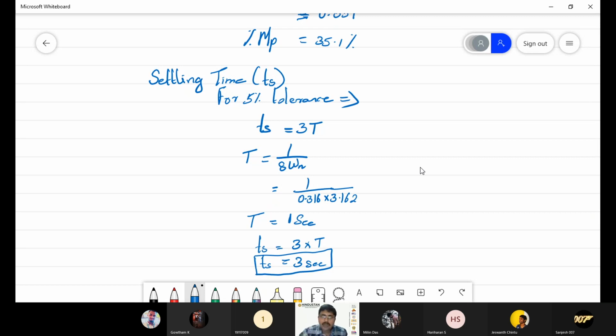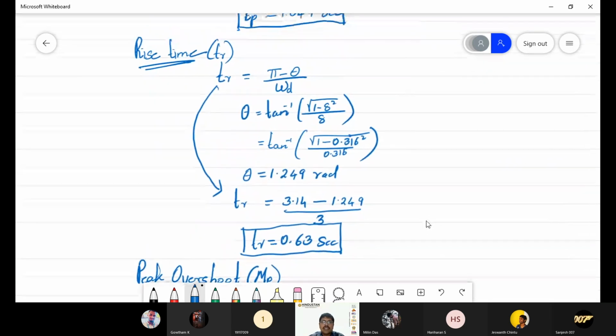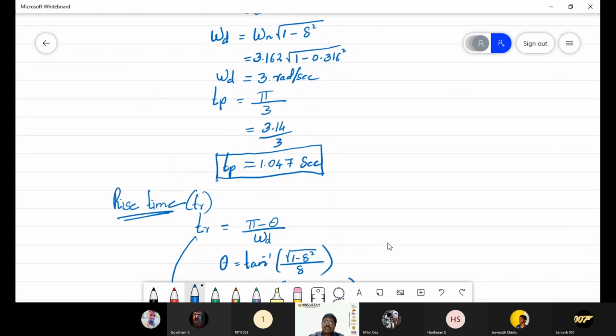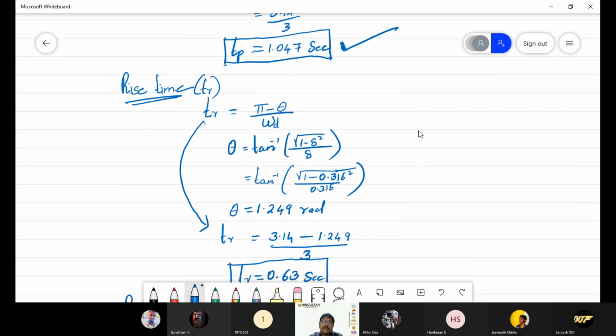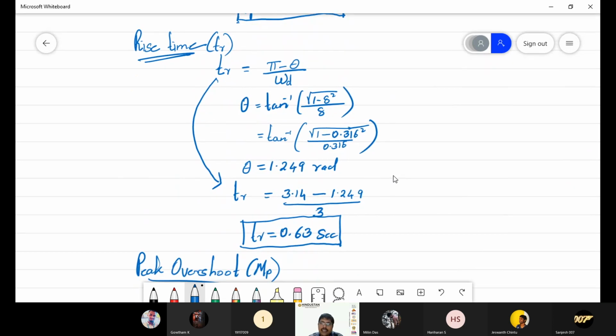So listen, for the time domain specifications they asked in the question, the four things we got. I want to show you one by one. The first thing is the rise time, right? Peak time we calculated, right? They will check the answers like that. And next we can see that rise time.